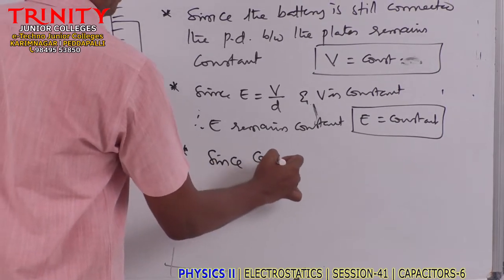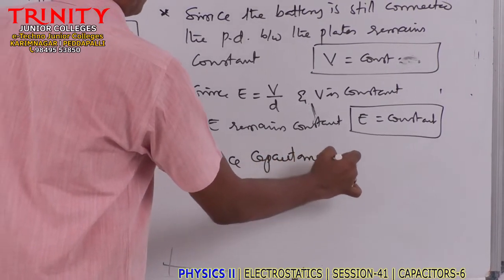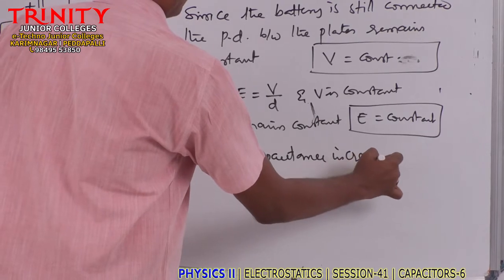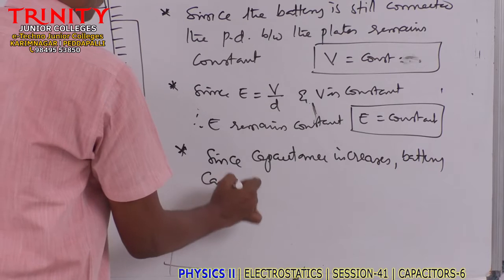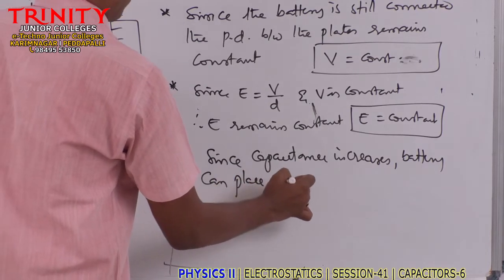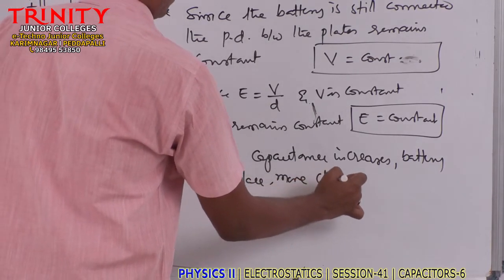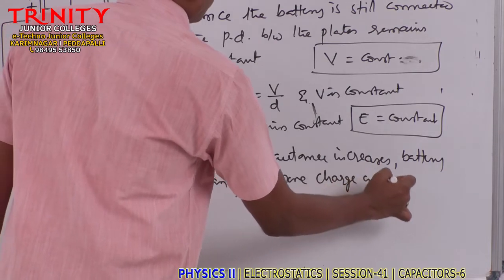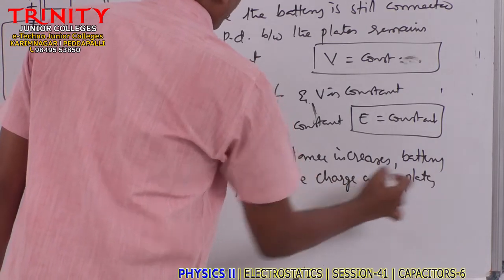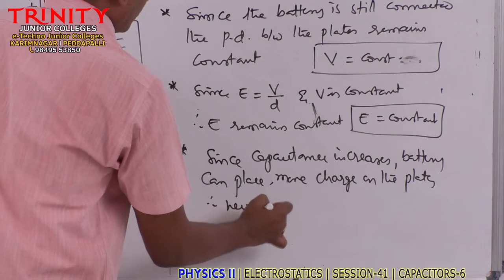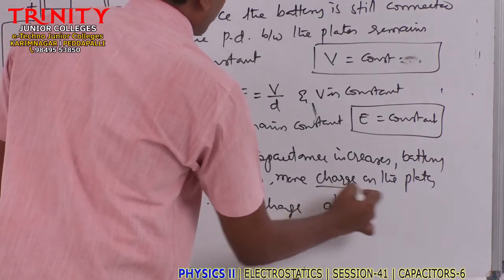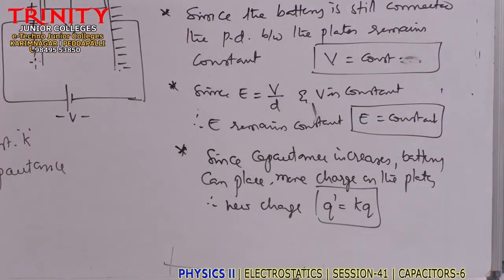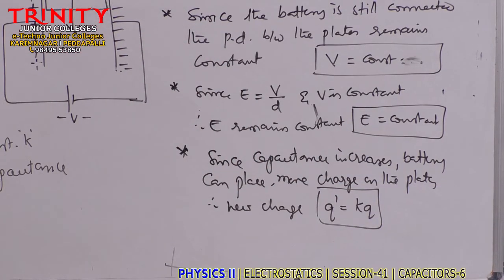Since capacitance increases, the battery can place more charge on the plates. Therefore, the new charge, let us suppose q dash, is K times q. That means the charge does not remain the same. q dash equals Kq.